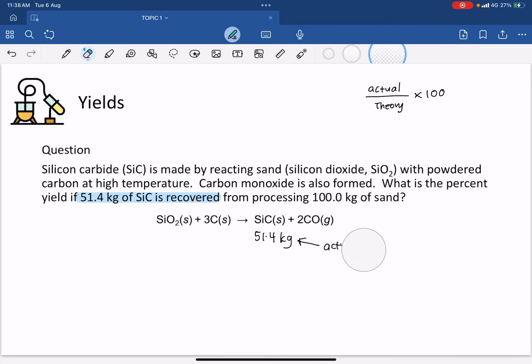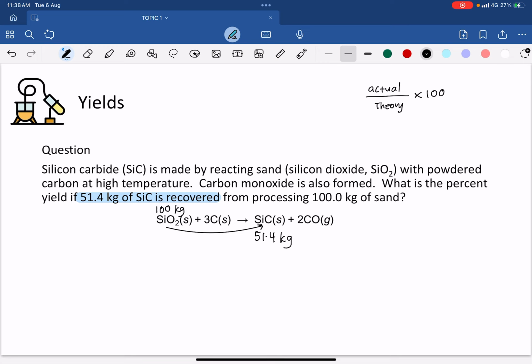Okay, so this is given from processing 100 kg of sand. So this one is 100 kg. So you see, you have the mass of reactant, then you can find the mole ratio from reactant to product, and then we multiply by the molar mass.